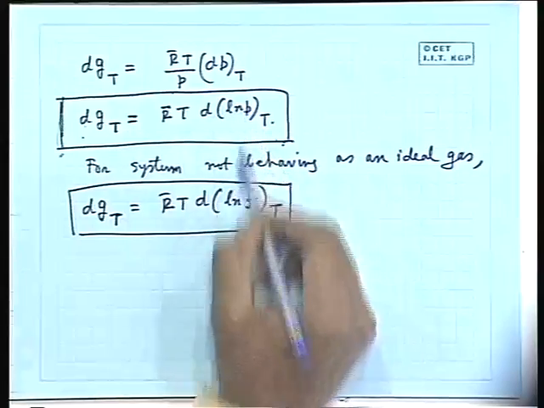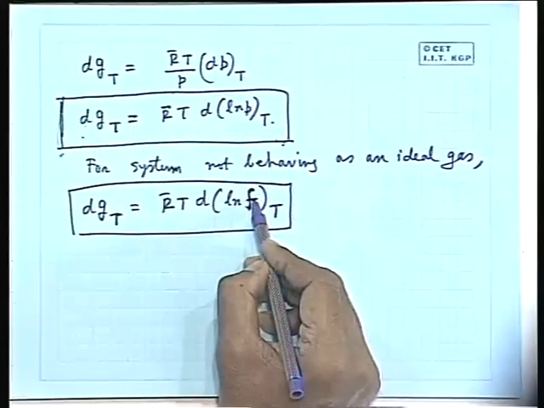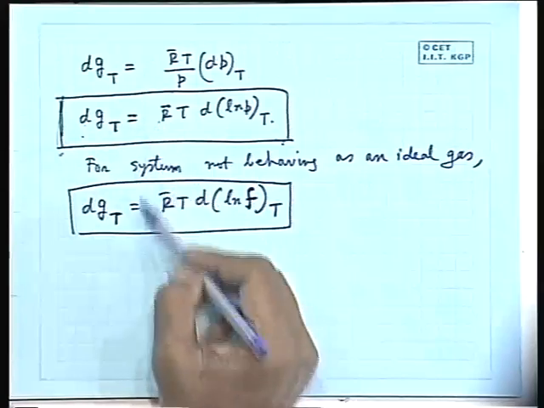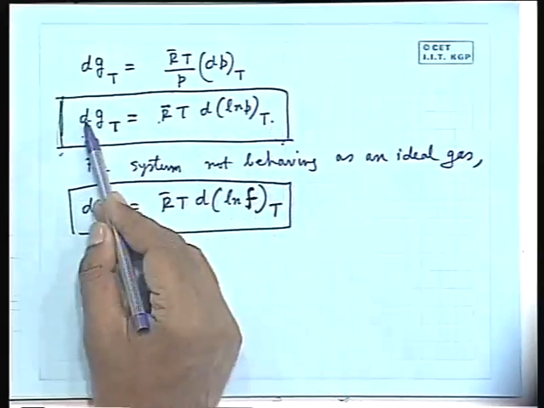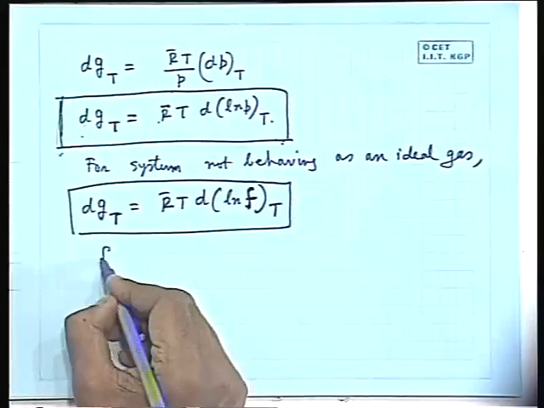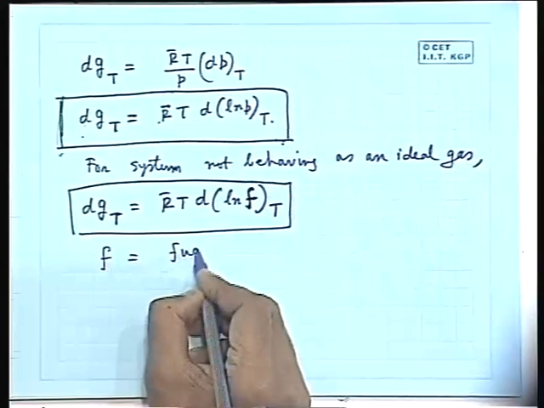That means instead of P, we define a function f for non-ideal gas systems, so that the same functional relationship for dG at constant temperature can be expressed. Then this f is known as fugacity.